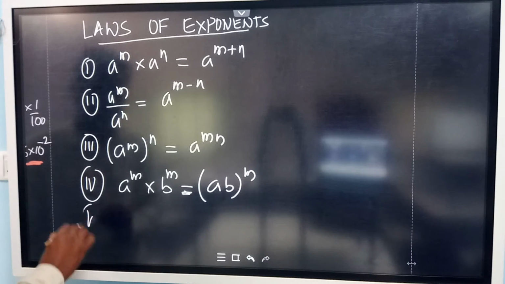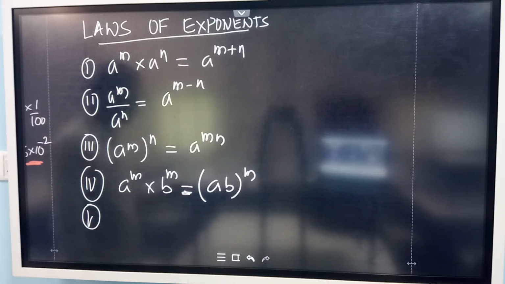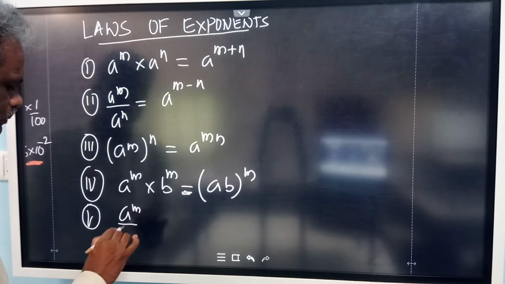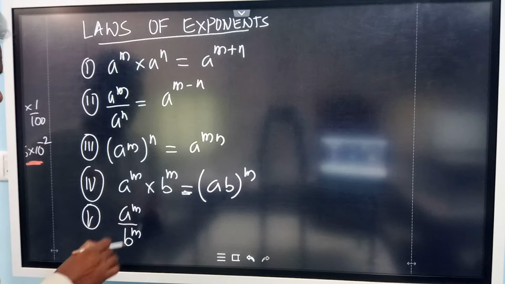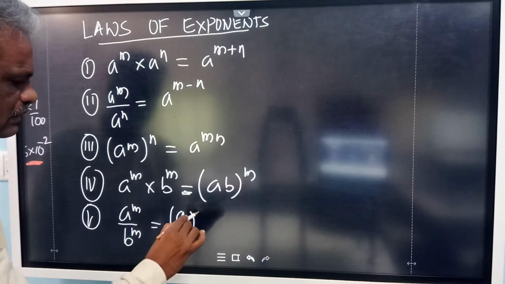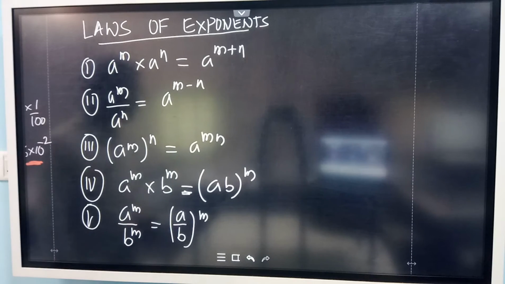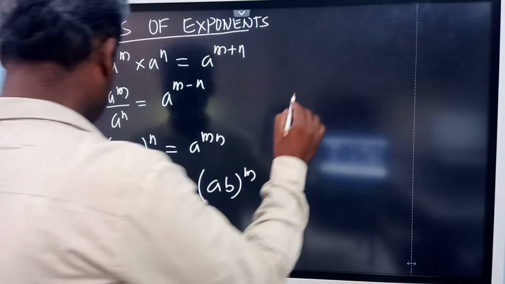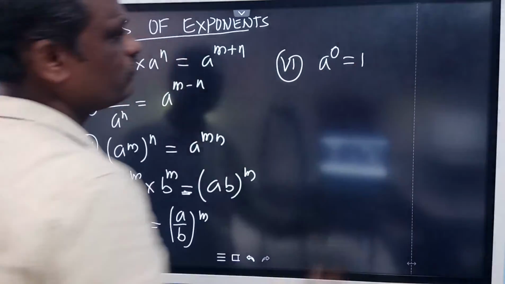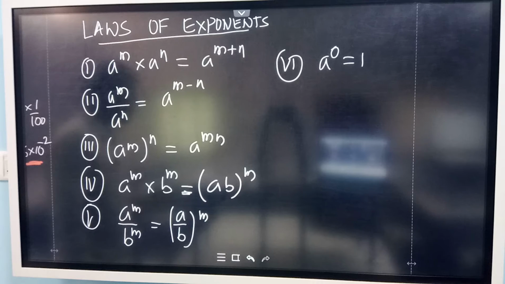Then fifth one, you have learned this. Again same way, a to the power m by b to the power m, exponents same, a by b whole to the power m. Then one more now, a to the power 0. So sixth one, a to the power 0 is equal to 1. So these are all the laws of exponents.